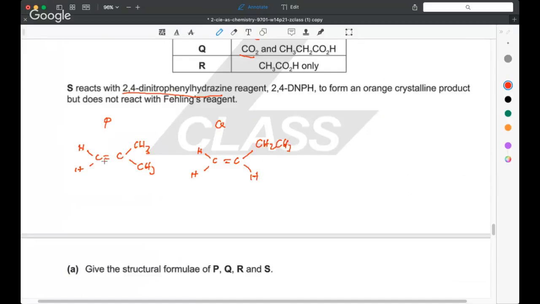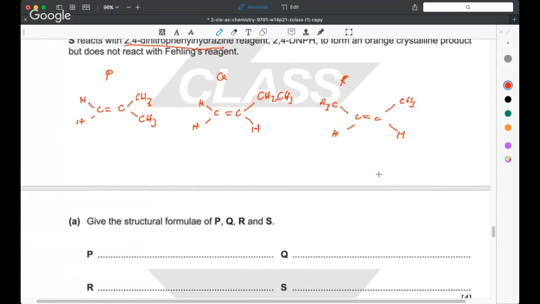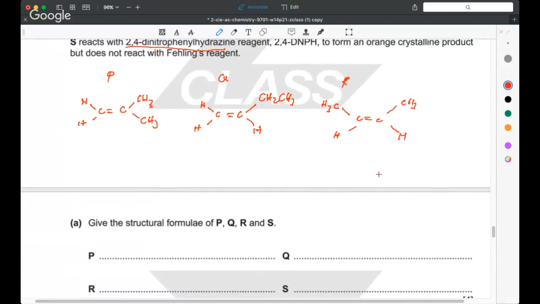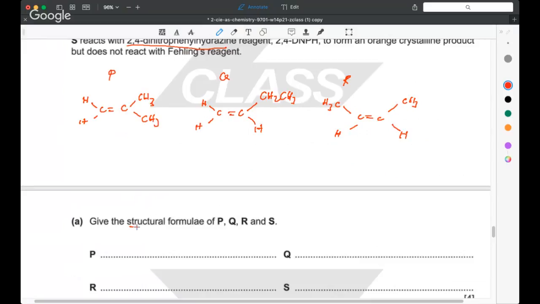And even though they've got this double bond, they don't form these geometric isomers, these cis-trans isomers, because you've got just hydrogen atoms here and here. And then R, of course, is, now I'm drawing the trans isomer there. Of course, there is a geometric isomer, there's a cis isomer, because you've got different groups attached to the carbon atom here. You've got H and CH3, H and CH3. So those are the displayed formulae, but you're being asked to give the structural formulae, all right?